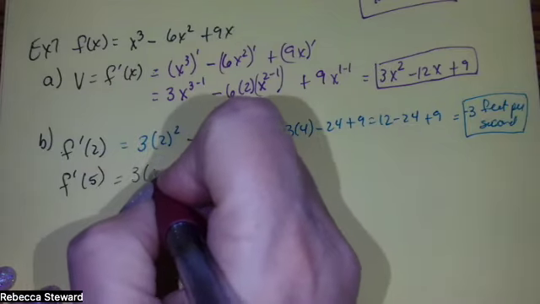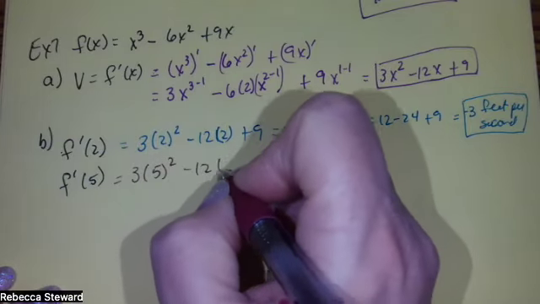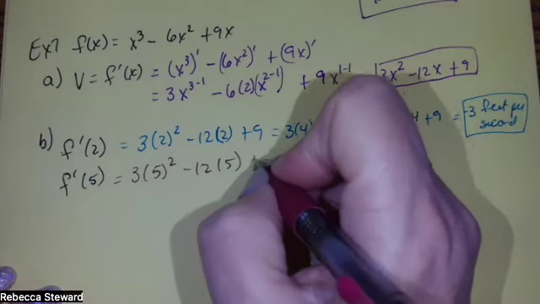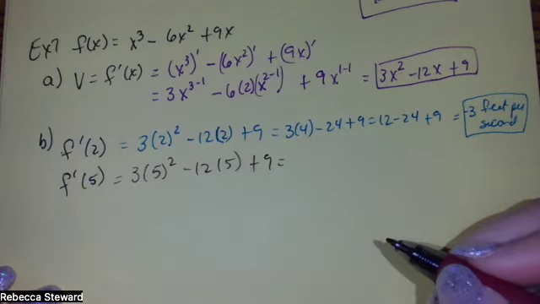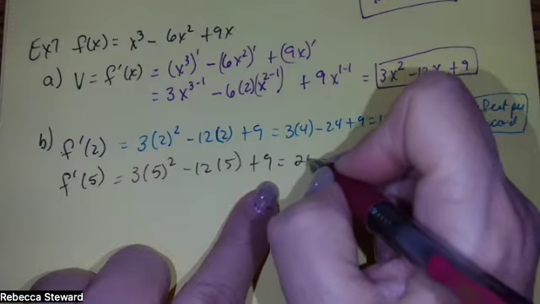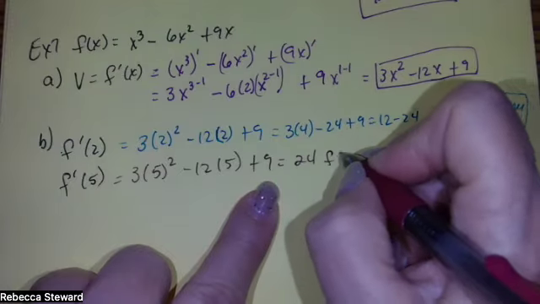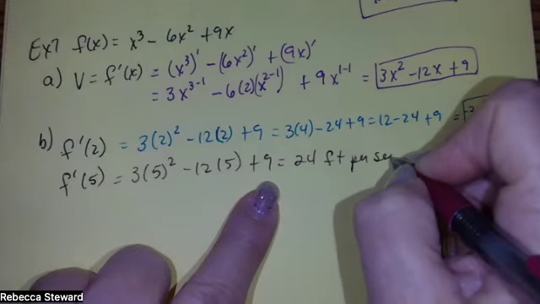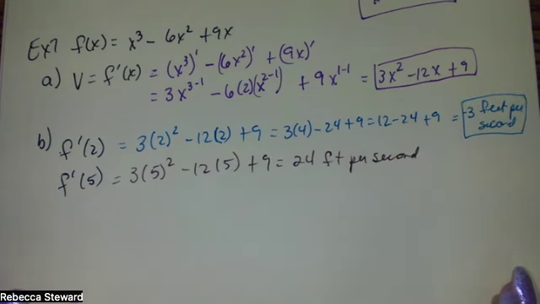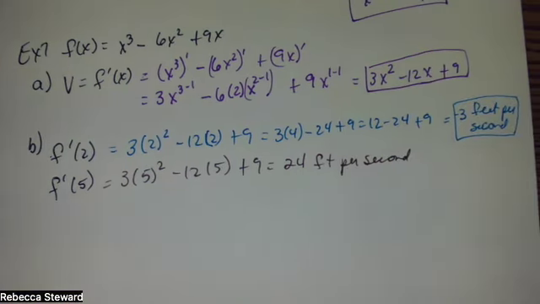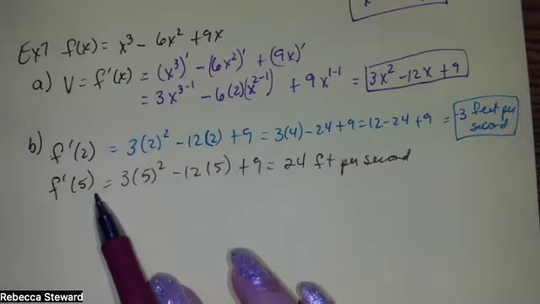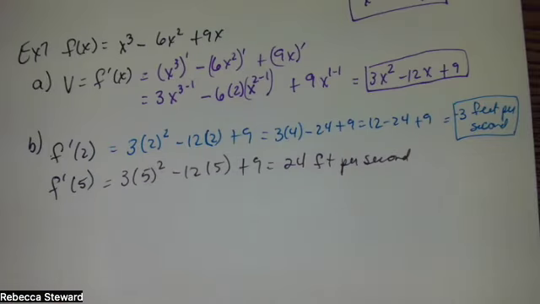So this will be 3 times 5 squared minus 12 times 5 plus 9. I'm just going to tell you that that is going to end up being 24. So that's 24 feet per second. So that is our instantaneous change that's happening at those exact values.